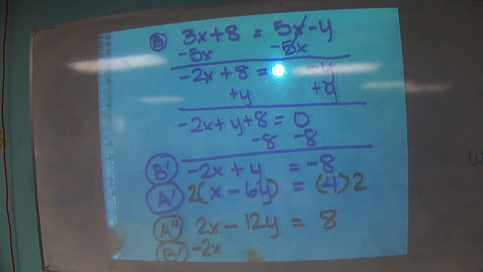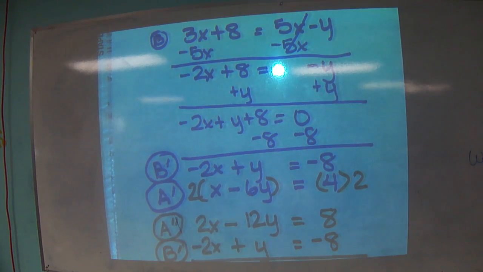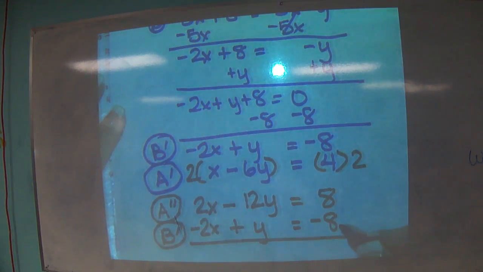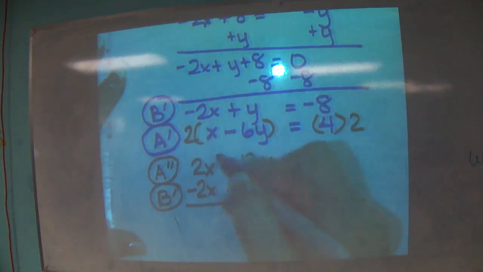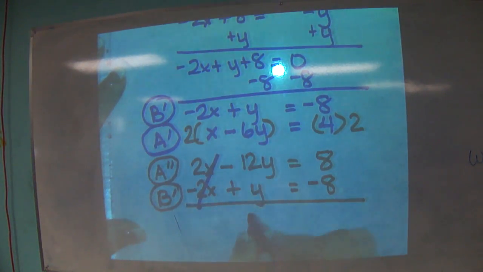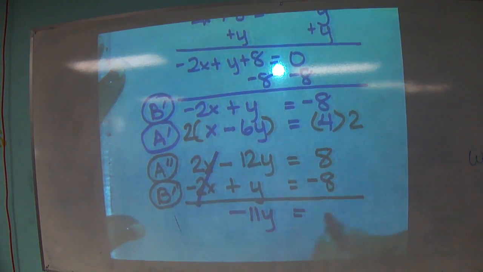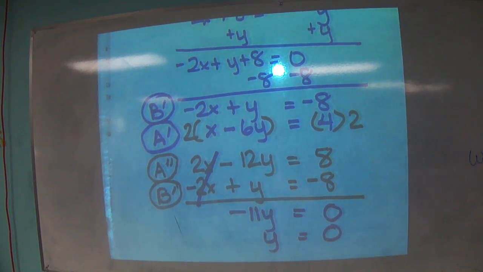Negative 2x plus y equals negative 8. So what happens now? How many x's? 0. They're gone. What do you get here? Negative 11y equals 0. What's y? 0. Y equals 0.